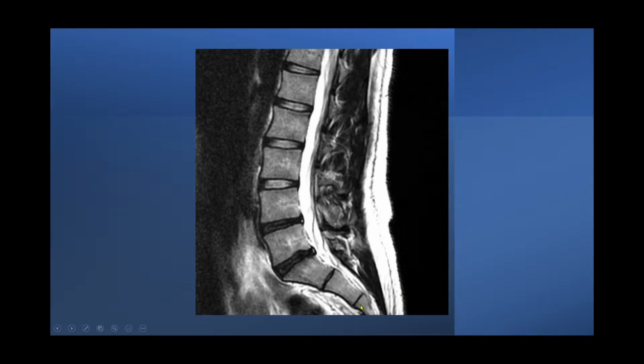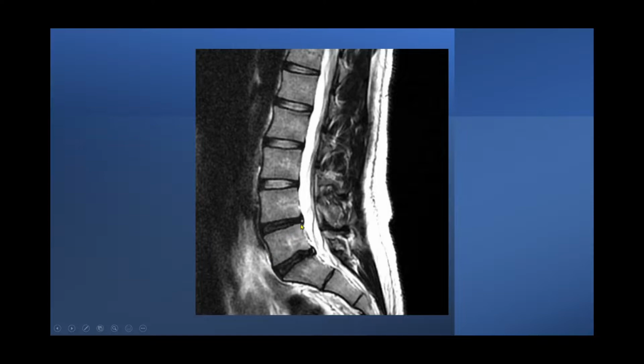What we can first see on this scan is that these discs down here, these bottom two discs, look somewhat different to these ones up here. They have a different colour, and they're a little bit flattened out. They also have some bulging of the capsule of the disc here, in comparison to these ones.